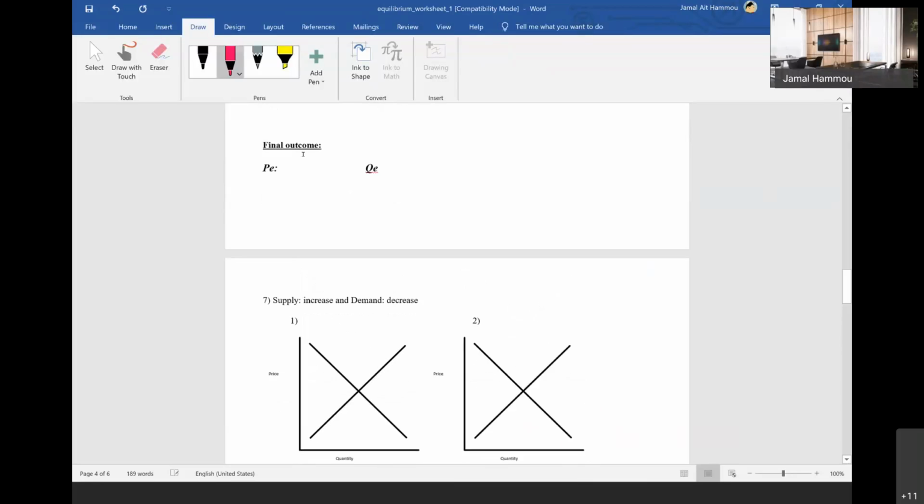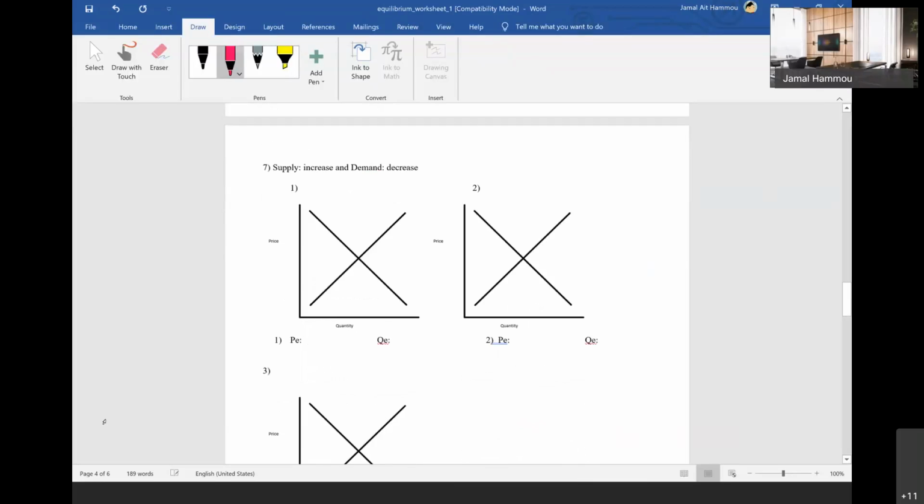So we have an increase of supply and we have demand decreases. And we will have 3 cases. One, we will see what if supply increases the same amount as the demand. The one increases and the other one decreases, but with the same size of shift.